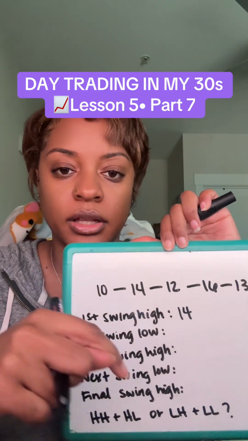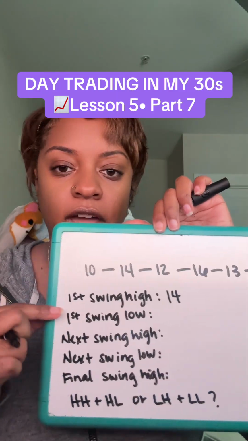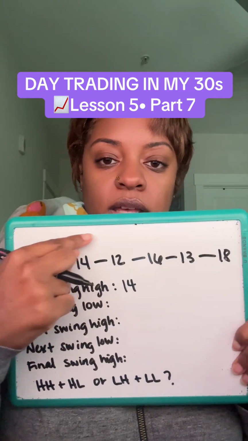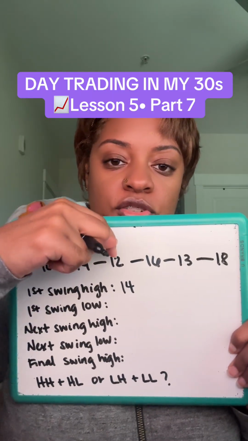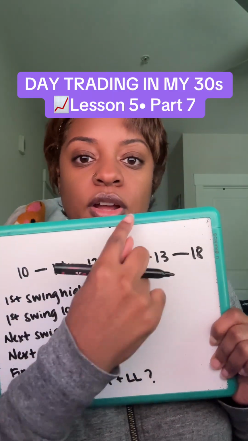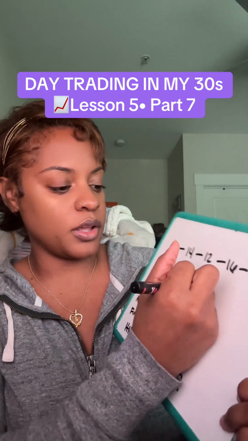It was a turning point. So 14 is that first swing high. That first swing low: it went from 10 up to 14, turned to go to 12, and at the 12 it became another turning point, but it started going upwards. That first swing low is 12.